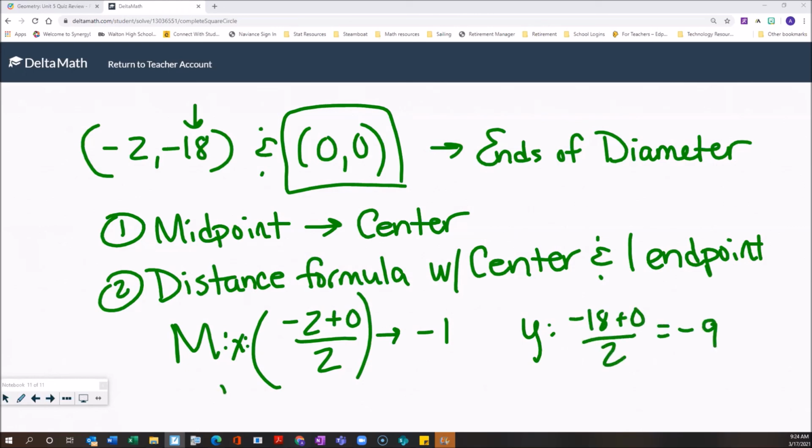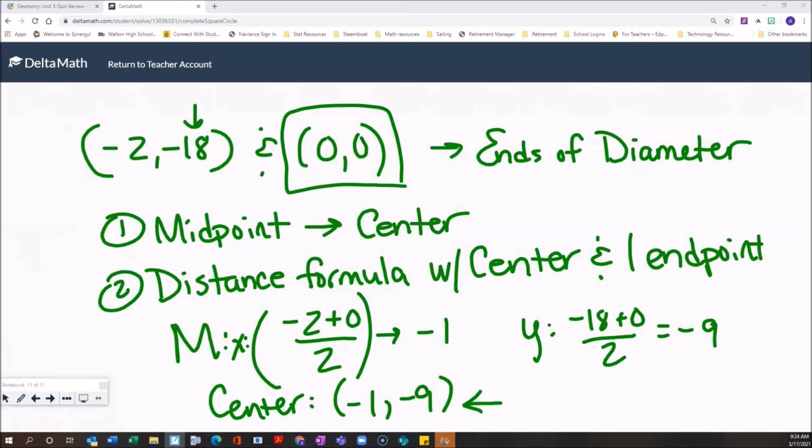So the center is -1, -9. And then I'm going to use the distance formula to find the distance from 0, 0 to the center.